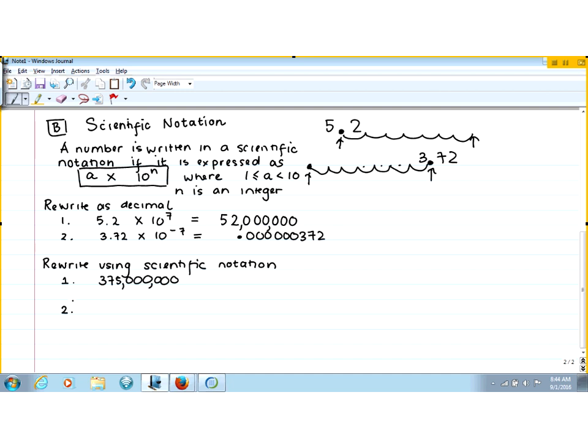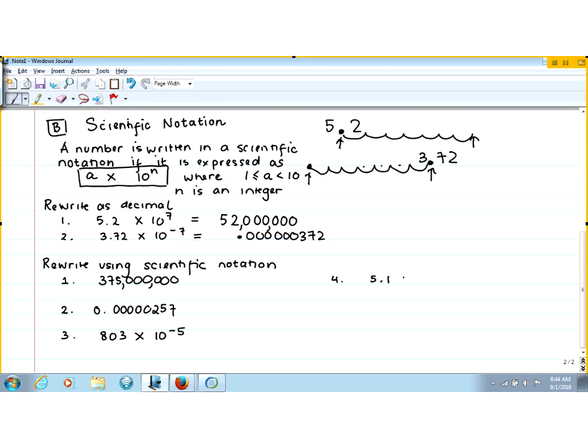Million, 6 zeros. And then 0.0000257. And we also have number 3, 803 times 10 to the negative 5.